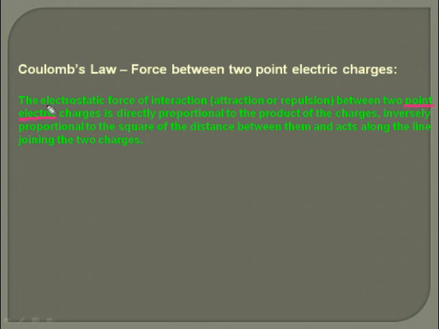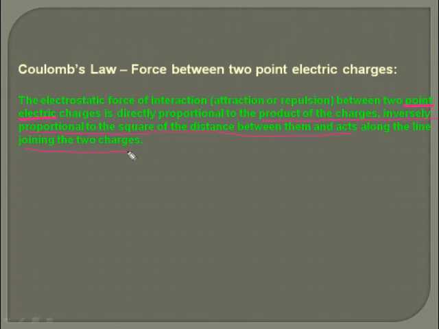So the electrostatic force of attraction between two point charges is directly proportional to the product of the magnitudes of the charges, and inversely proportional to the square of the distance between them, and acts along the line joining the two charges.